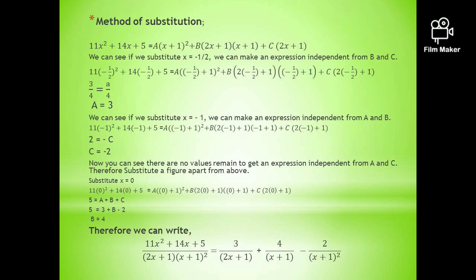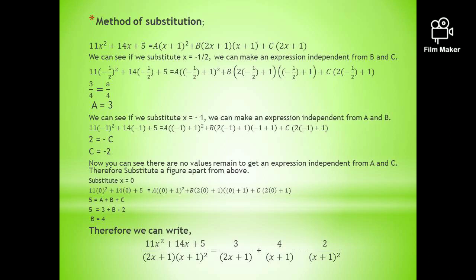If we use the method of substitution, the expression is 11x squared plus 14x plus 5 equals A(x plus 1) squared plus B(2x plus 1)(x plus 1) plus C(2x plus 1). With that, if you substitute x equals minus half, the B into 2x plus 1 term turns to 0, therefore the B term gets canceled. The C into 2x plus 1 term also turns to 0 and gets canceled.